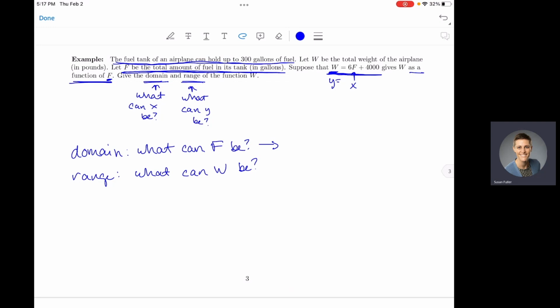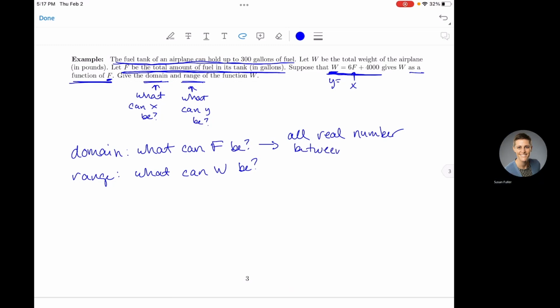So the domain, the values that F can take on, is going to be any number between 0 and 300. We can write that in interval notation as the interval from 0 to 300. We can write it like that.